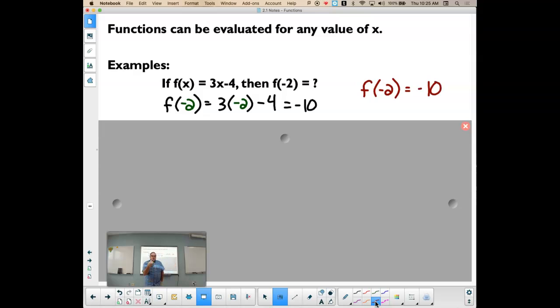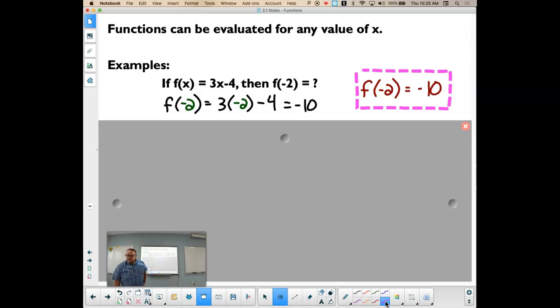If I input -2 into my function, the output that I get is -10. So -2 would be part of the domain, -10 would be part of the range.